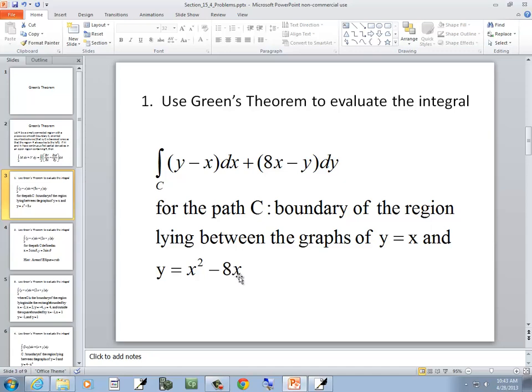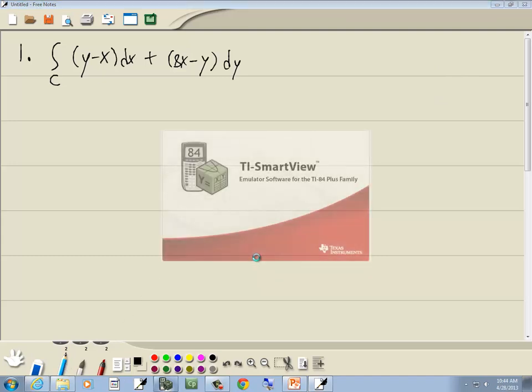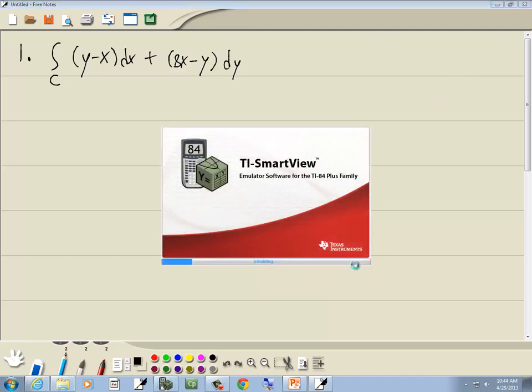This will, trying to think if it's above or below that. Let's actually graph it on the calculator and see. Be a much easier way to do it. Okay, so let me bring up the calculator. I think it'll be below.